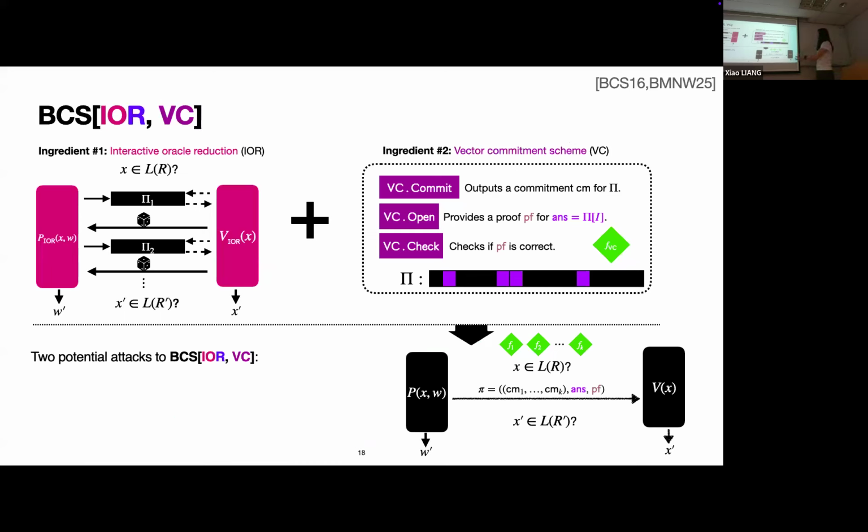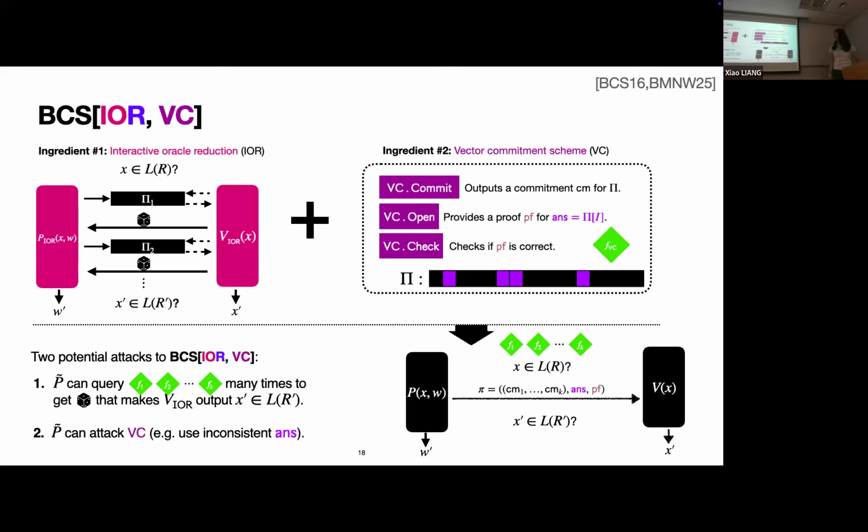So notice that there are two potential attacks for this transformation. The first one is that the adversary could query these oracles many times to get the verifier randomness that makes the IOR verifier output a yes instance. In the Fiat-Shamir transformation, it could query many times to get the best verifier randomness, since the protocol is now non-interactive.